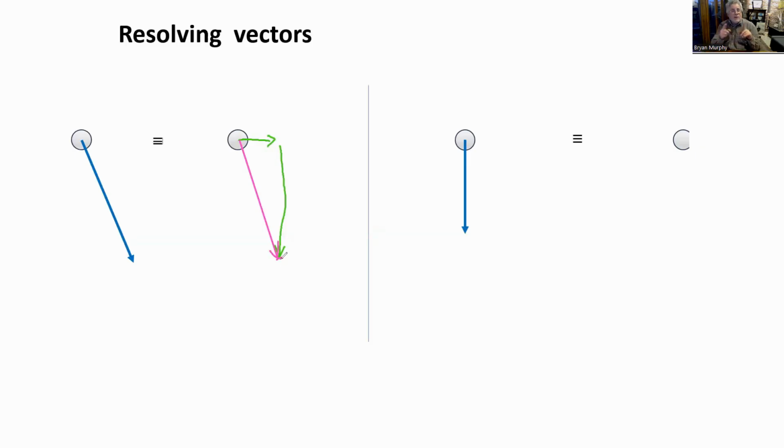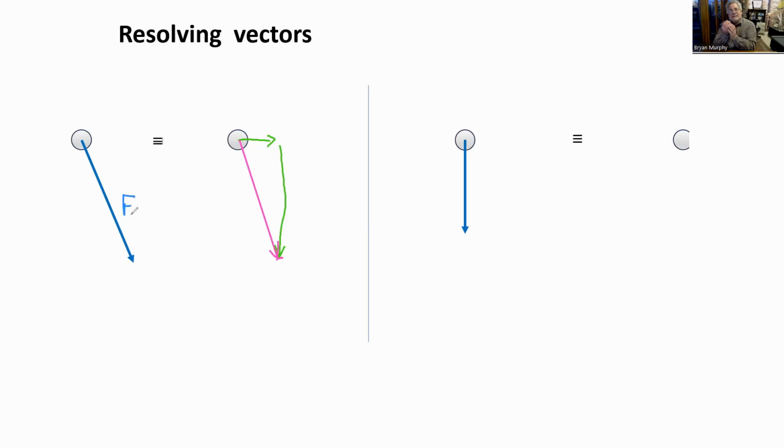Now, if we think about Newton's laws 1 and 2, is that going to be in equilibrium? No, because there is a force acting on it. So let's think about the second law. If there's a force acting on it, it is going to accelerate.